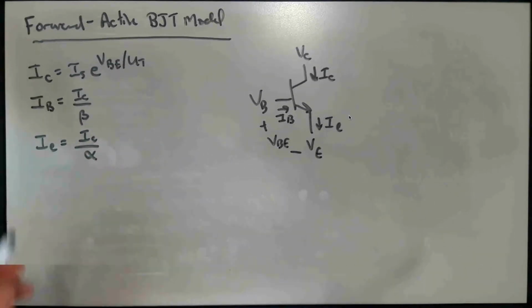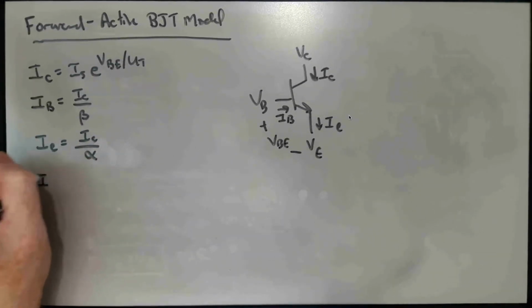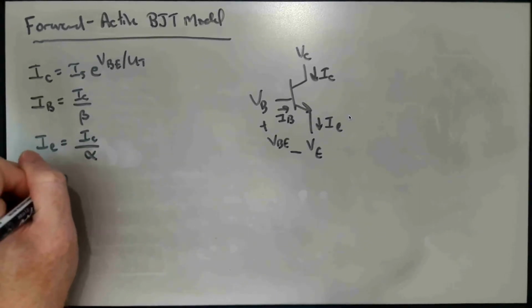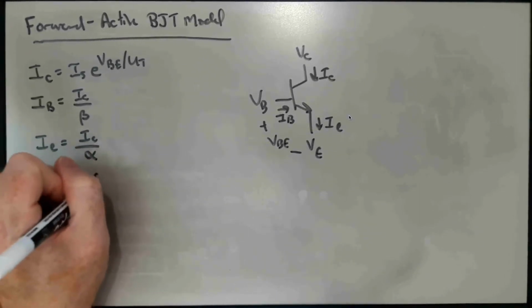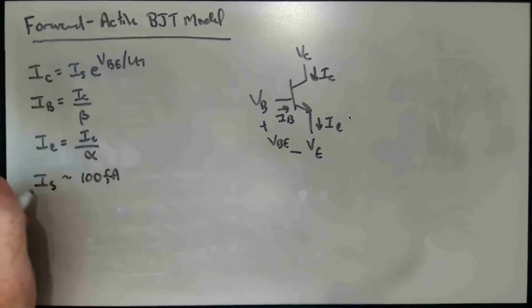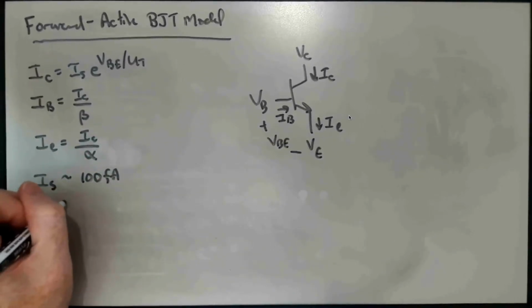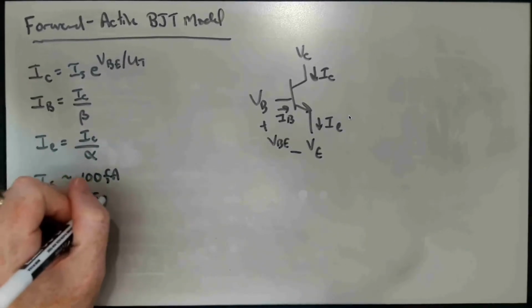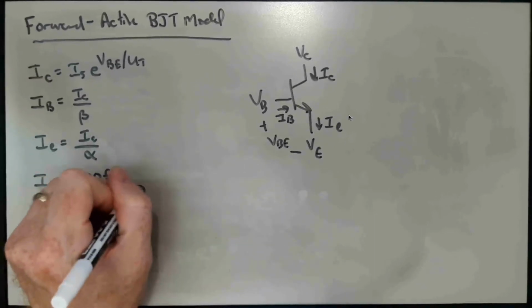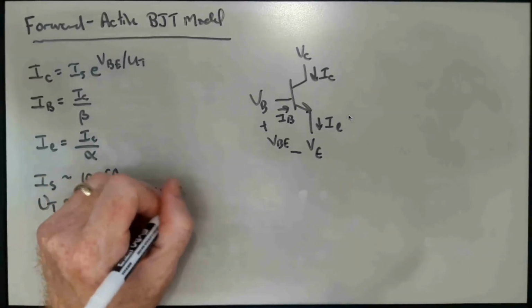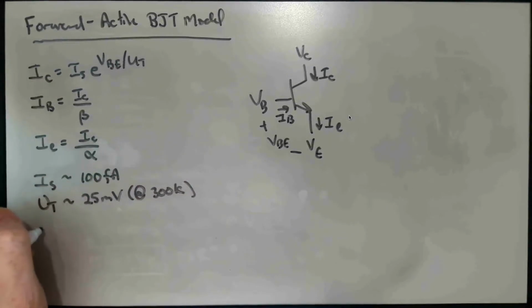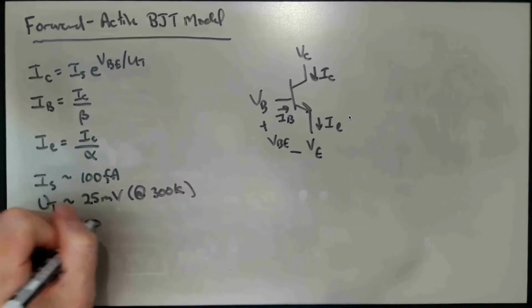And here, IS is the same saturation current, which is typically on the order of, let's say, 100 femtoamps. UT at room temperature is about 25 millivolts. And here beta is typically on the order of 100.